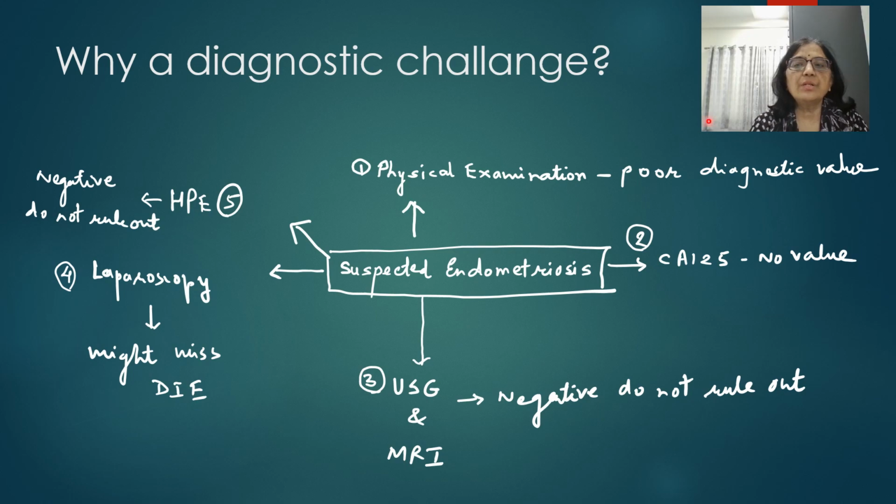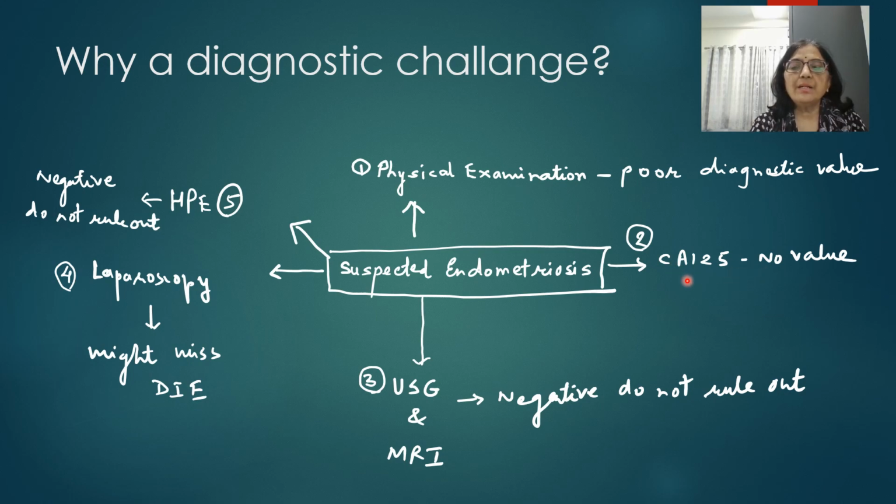So why is endometriosis a diagnostic challenge? Whenever we suspect endometriosis, the first thing is physical examination, which has poor diagnostic value. If we find tender nodularity over the uterosacral ligaments, or an adnexal mass, or rarely blue-colored vaginal nodules, then it's okay. Otherwise, in the majority of patients, there are no findings on physical examination.